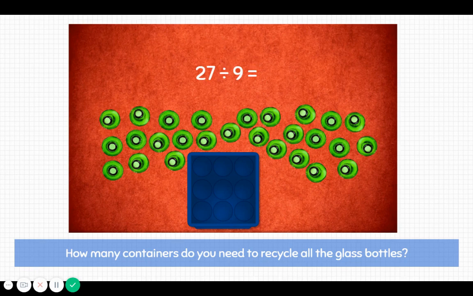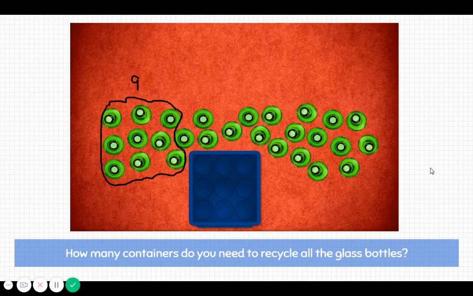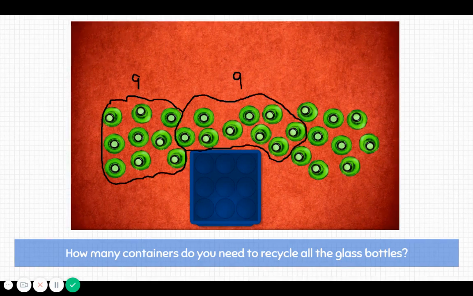Okay, so one way I'm going to do this is I'm going to count 9, and I'm going to make one group of 9. So that's one group of 9. And then I'm going to do it again. 9 more, that's a second group of 9.